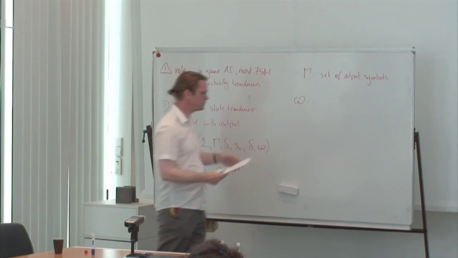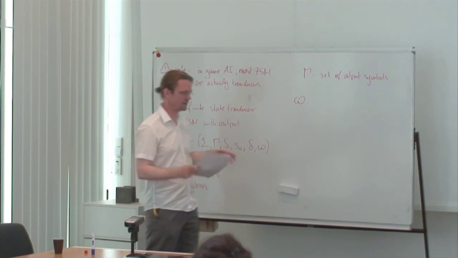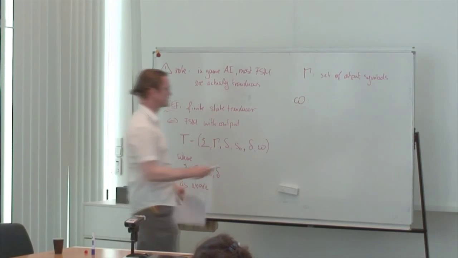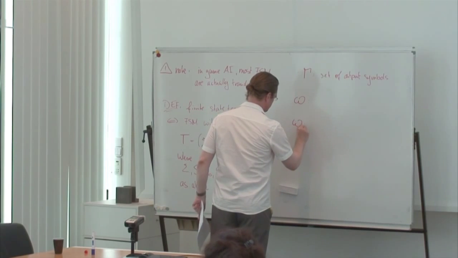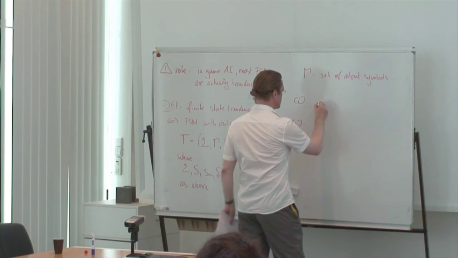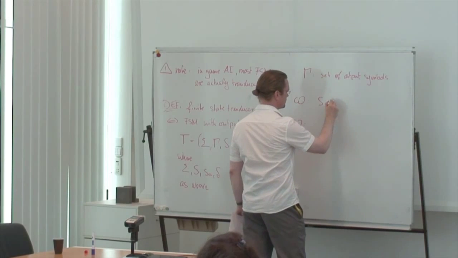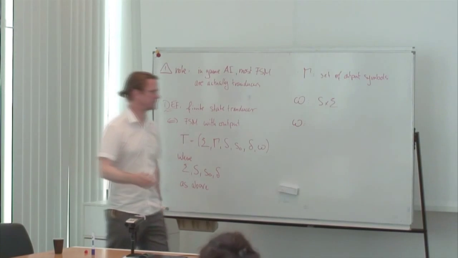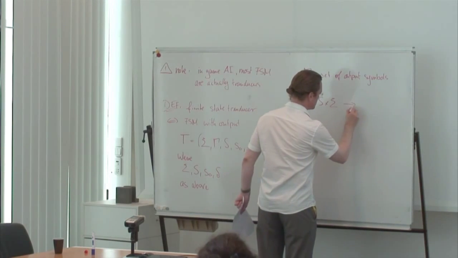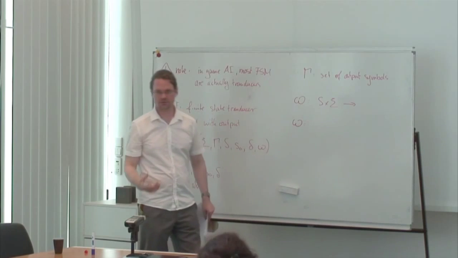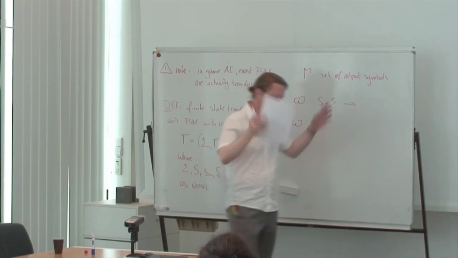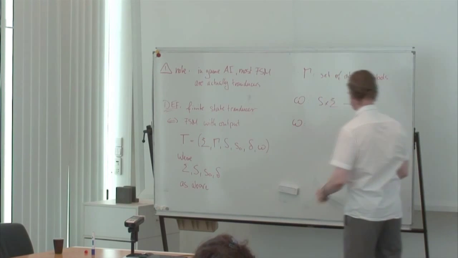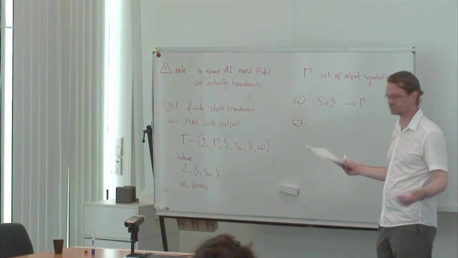This is interesting. We have two possible ways of thinking about producing output. We could say the output depends on the state we are in and the symbol we are reading right now. So given a state and an input symbol, we would produce a symbol in the output set.